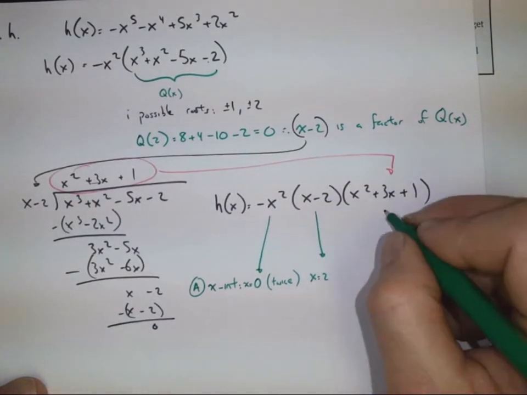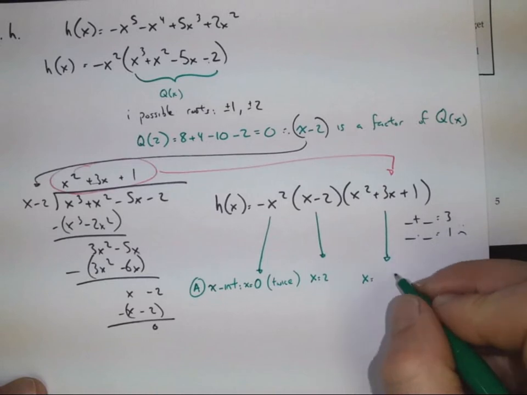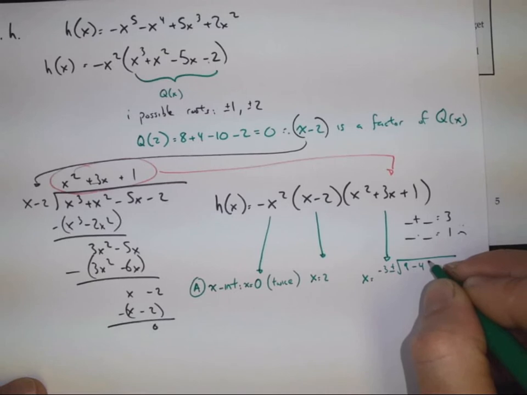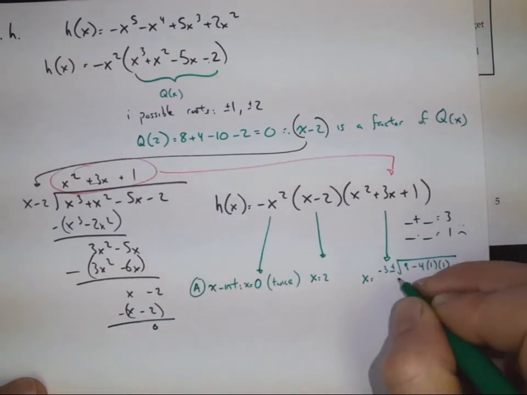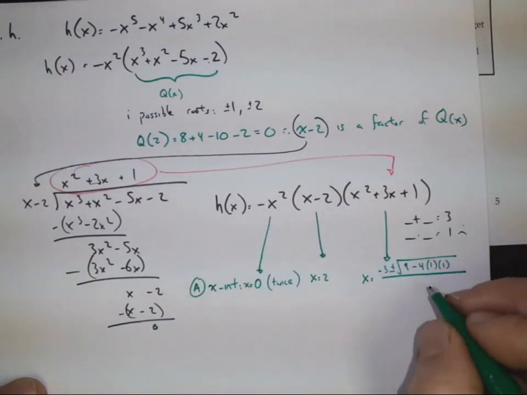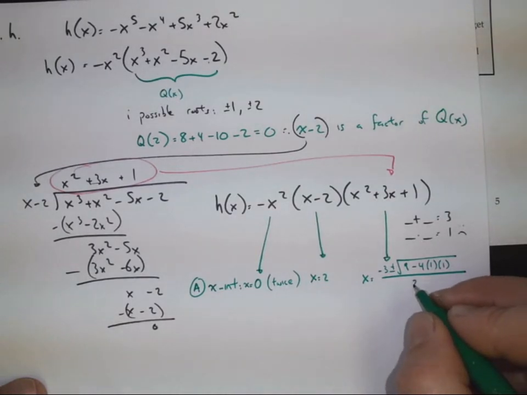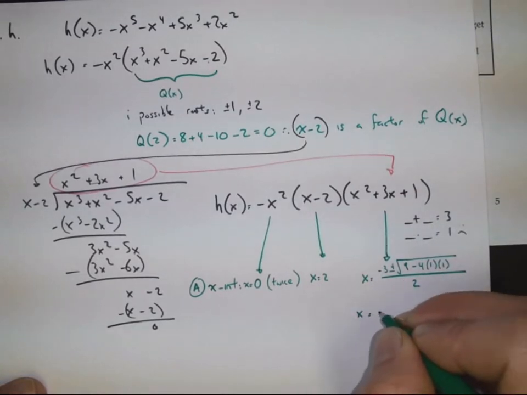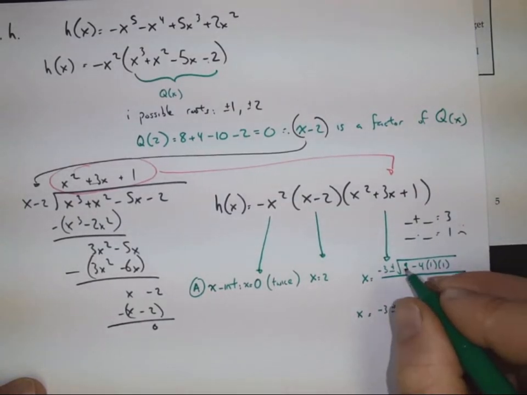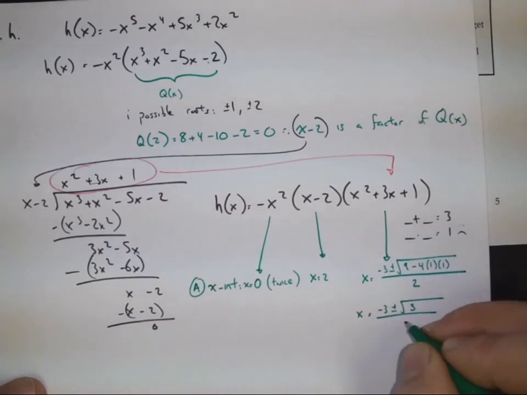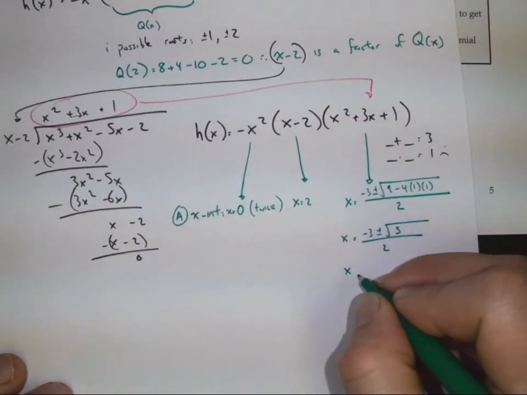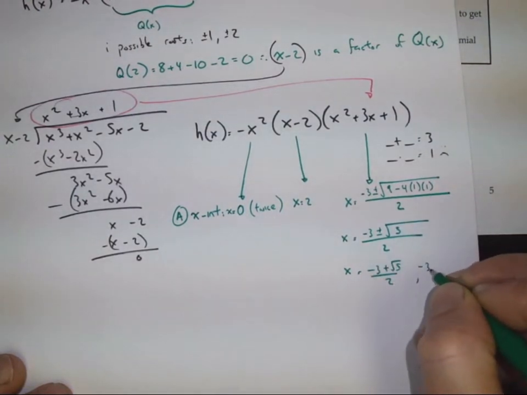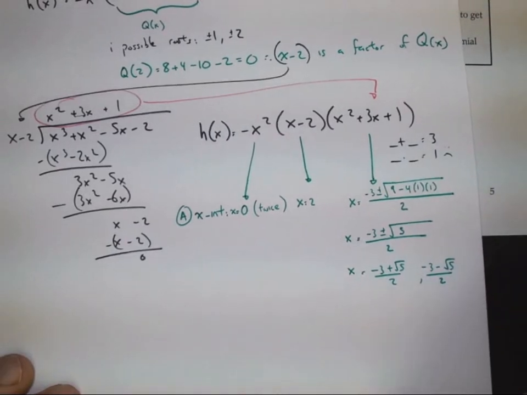X equals 2, and x equals negative 3 plus or minus the square root of 9 minus 4 times 1 times 1, all over 2. Alright, so that gives us x is equal to negative 3 plus or minus the square root of 9 take away 4, which is 5, over 2. This looks sort of familiar. So x is negative 3 plus root 5 over 2, and negative 3 minus root 5 over 2.